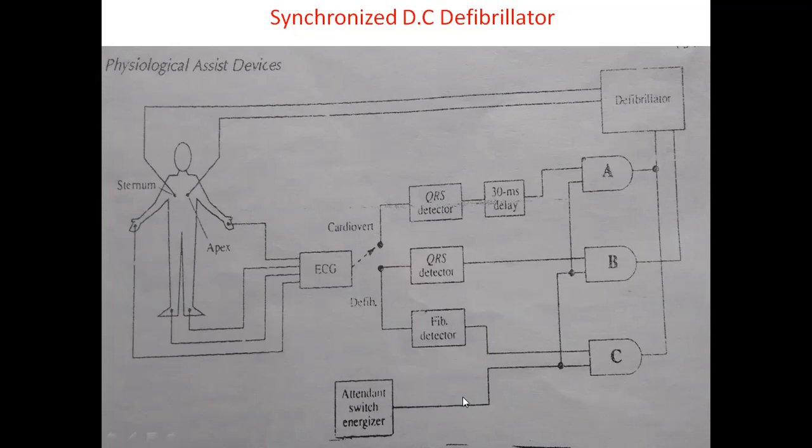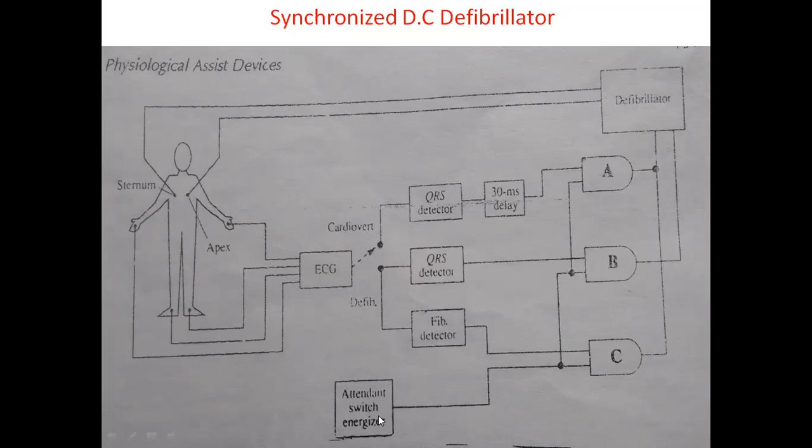Here we have the QRS detector, and here the fibrillation detector. Based upon the ECG waveform and the QRS detector, depending upon the amplitude of the QRS waveform and the time delay between occurrences of the QRS waveform, these logic gates will be operated and the output applied to the logic gate.